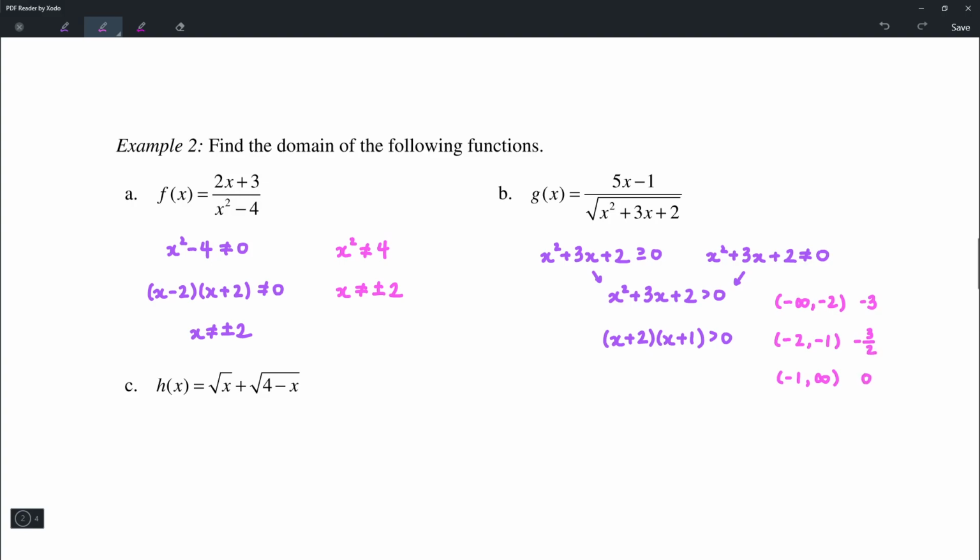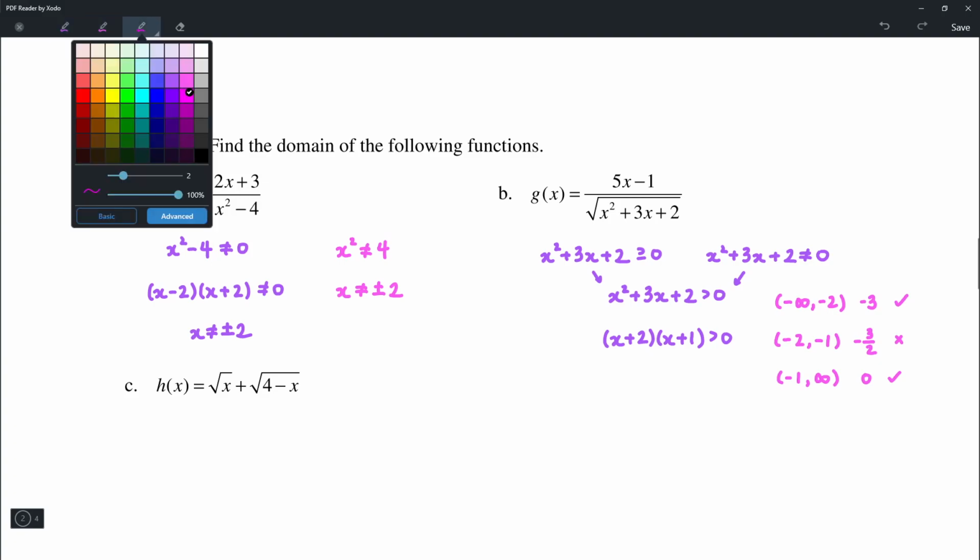And after doing so, by substituting -3 into our inequality, that actually holds true. The second part does not. And finally, if we let x equal 0, we have 2 times 1, and of course 2 times 1 is greater than 0, so that is part of our solution as well for the domain.